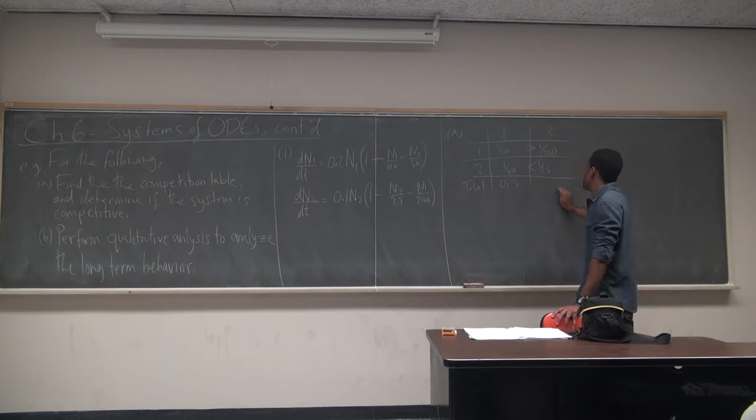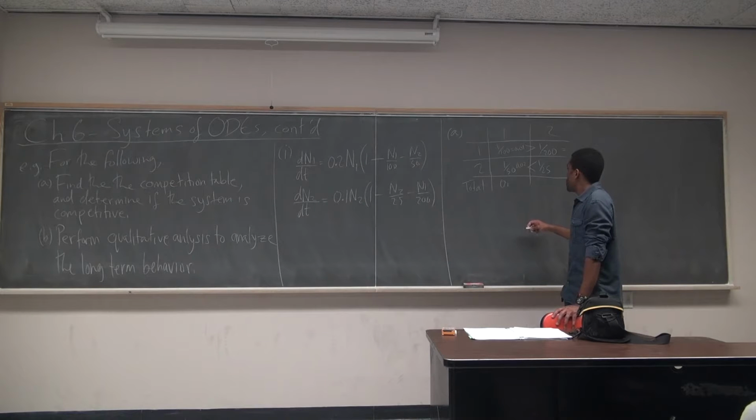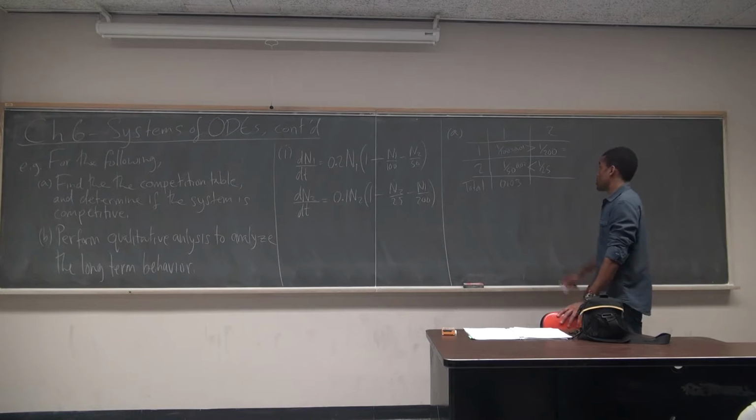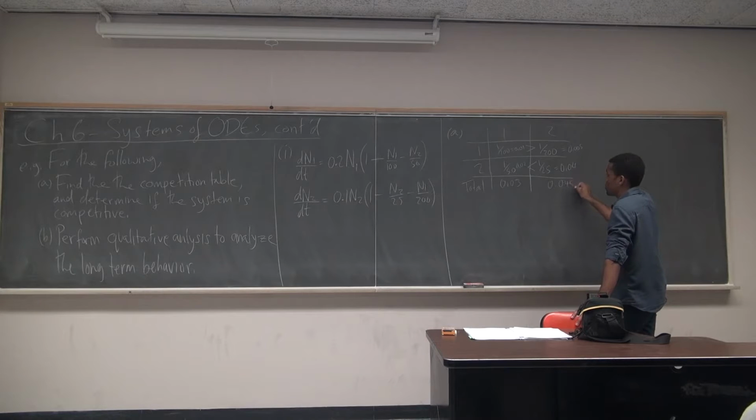So for species 1, that's 0.01 plus 0.02, which is 0.03. For species 2, 1 over 200 is 0.005 and 1 over 25 is 0.04, so 0.045. So overall, species 2 is taking slightly more damage.